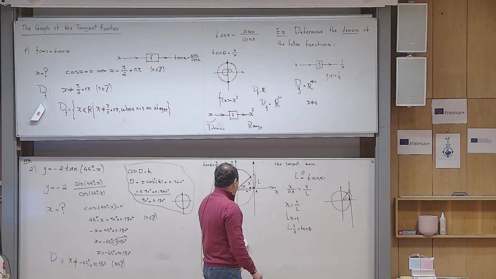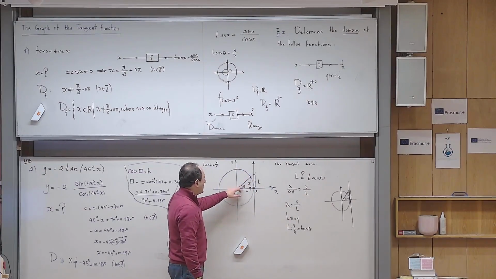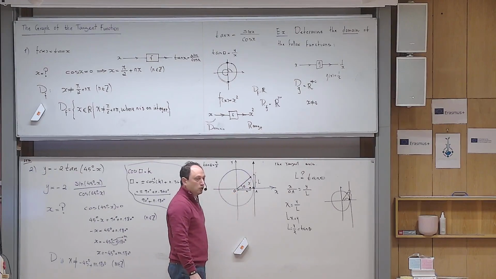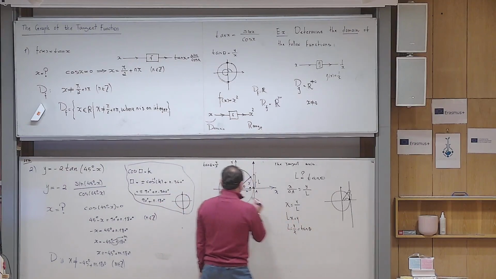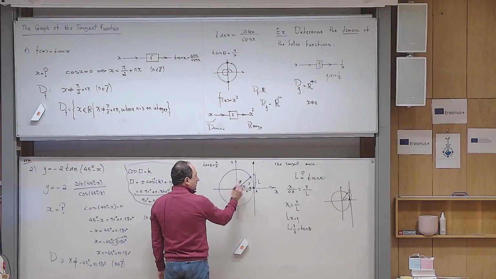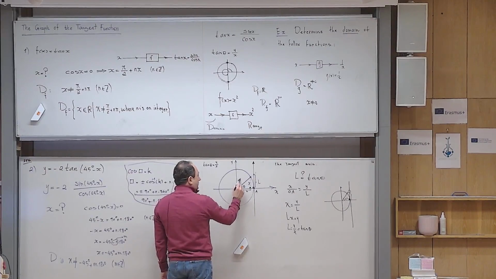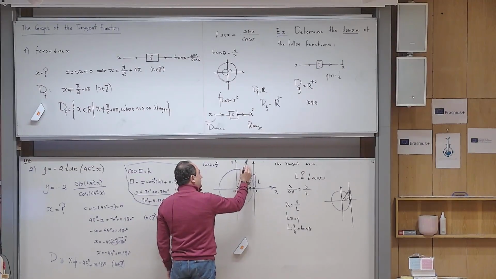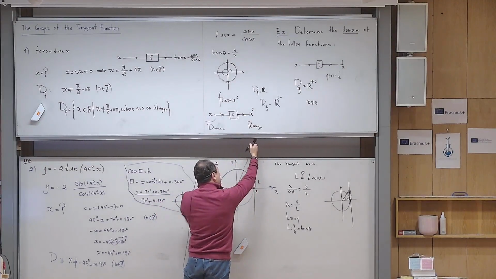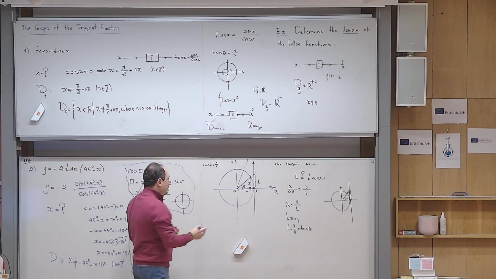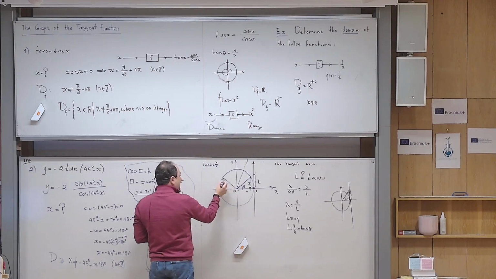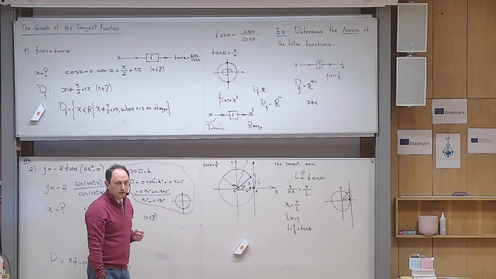Can you see, for example, the tangent of the angles in the first quadrant are all positive? Yes, because it doesn't matter where I have this angle in the first quadrant. For example, even if I have this angle, when I continue this, the intersection point will be up there, but it's still positive. Yes? But can you see, for example, if this angle is in the second quadrant, what is the tangent now?